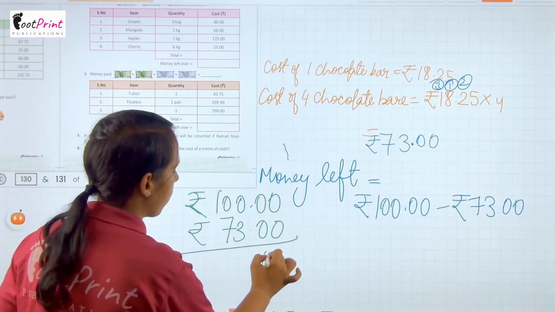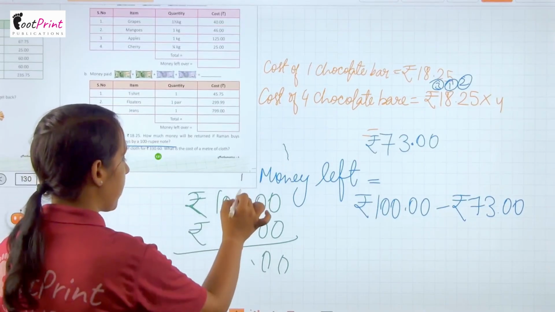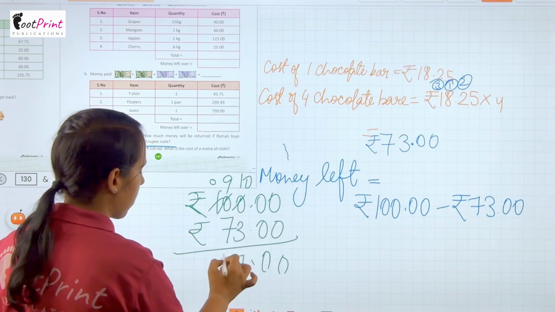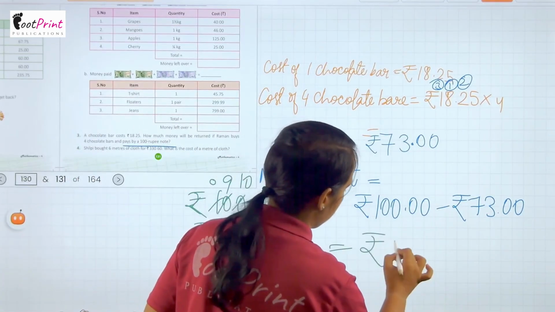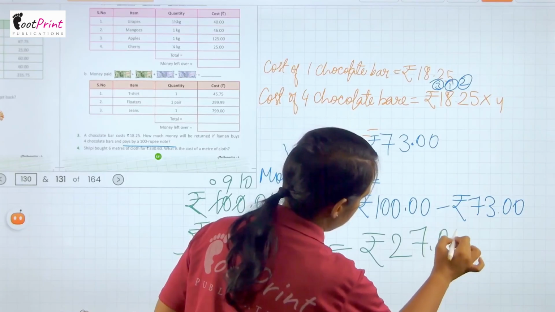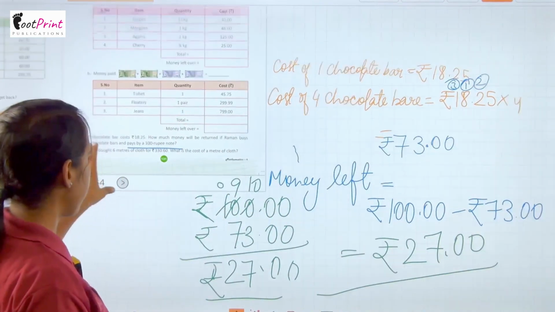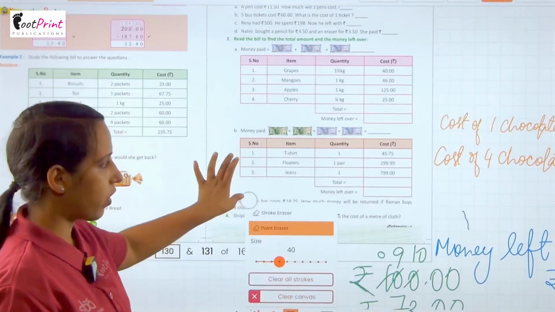We get here 0, 0, decimal. 0 is less than 3, so it will become 10, 9 and 0. 10 minus 3 is 7, 9 minus 7 is 2. So we get 27 rupees. So he got 27 rupees from the shopkeeper. Okay. So the rest of the questions you will try to do by yourself.